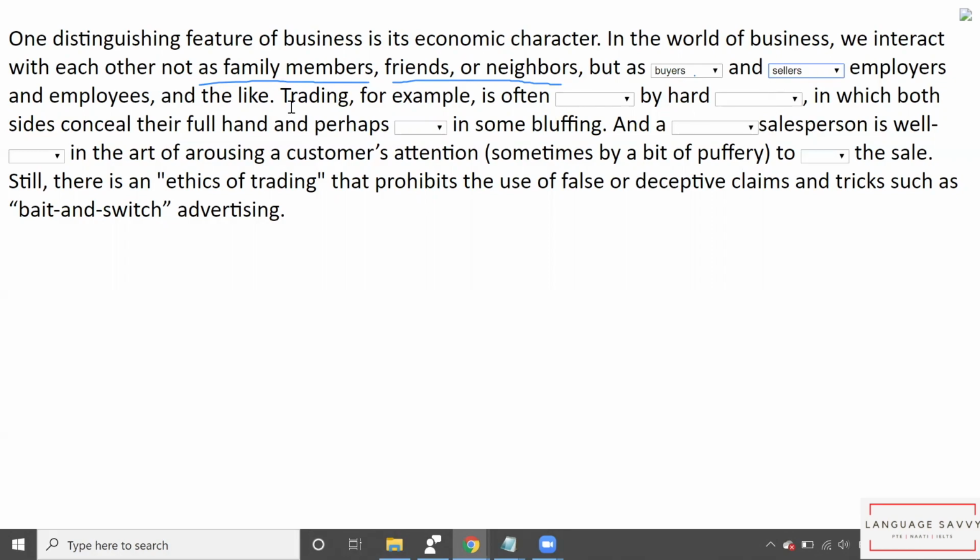So moving on: trading, for example, is often dash by hard dash, in which both sides conceal their full hands. First of all, let's solve this one. What are we actually talking about here?